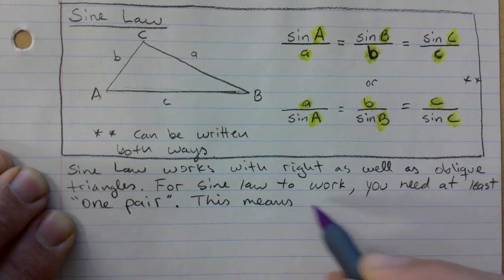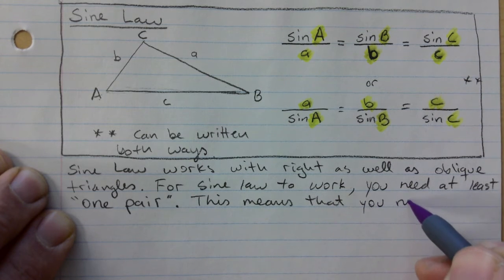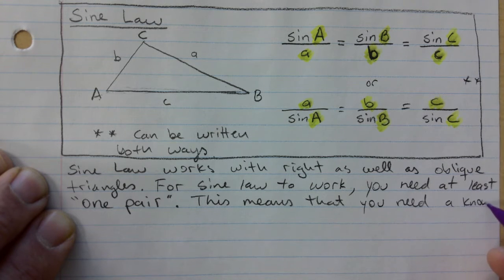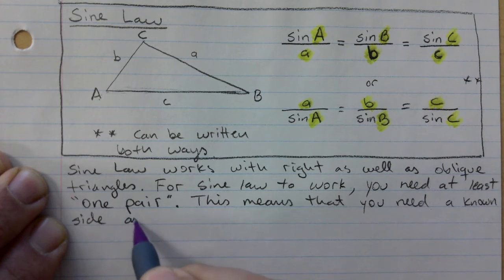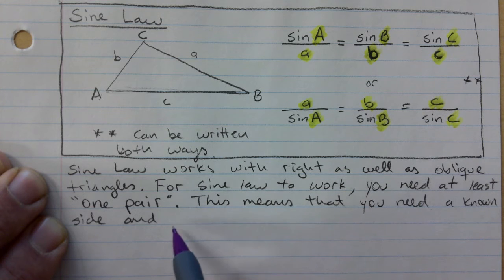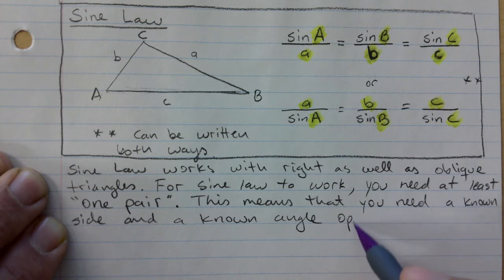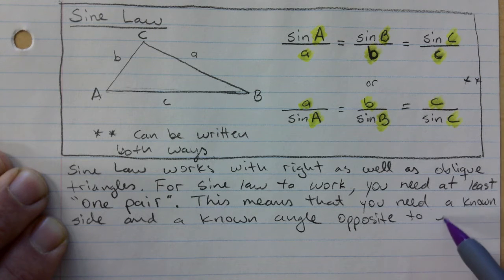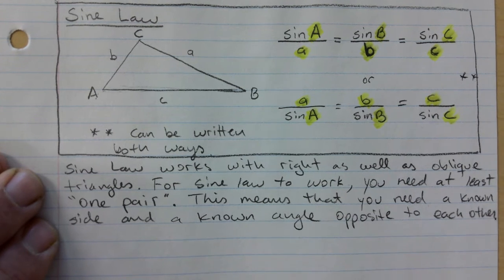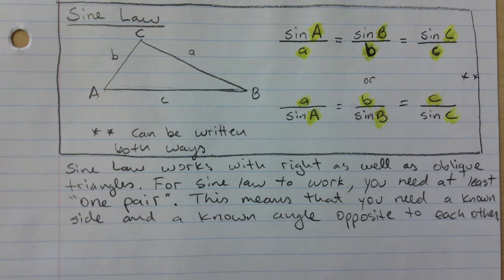This means that you need a known side and a known angle, and that they have to be opposite each other for that to work.